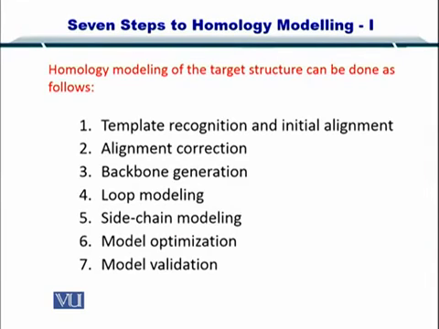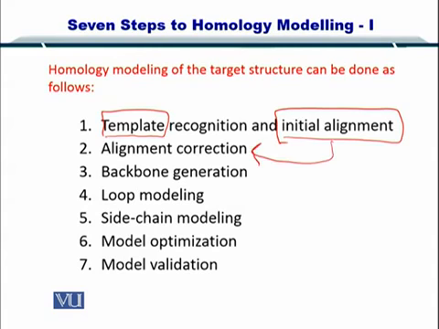Now let's move to the 7 steps. We'll briefly go over them. Any homology modeling software in bioinformatics begins by identifying which template is to be used and then performing an alignment. Remember, the template has both the sequence and the structure known. And if the alignment is performed, then you may need a slight bit of correction in the assignment by optimizing the gap penalties and mismatches.